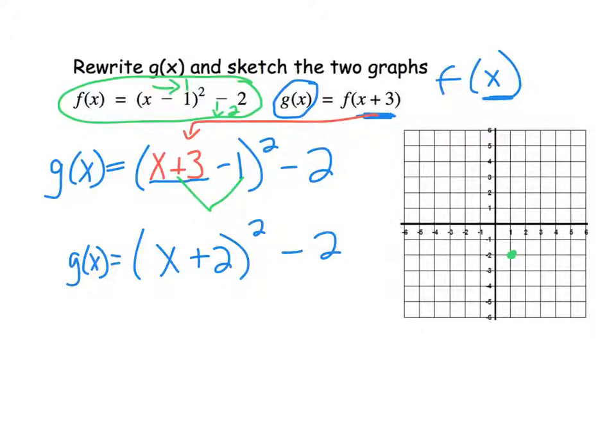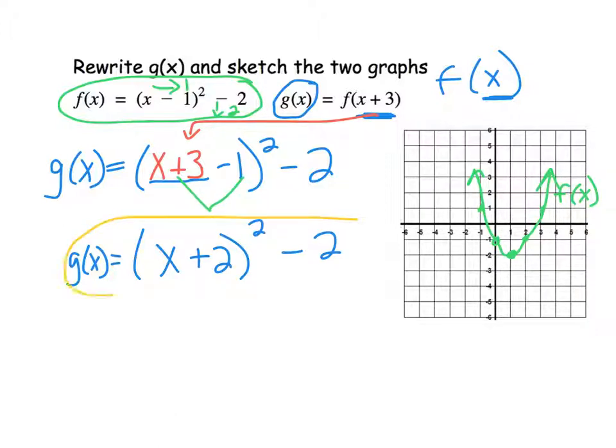There's no reflection and no stretch or compression, and I know that because my A is a 1. So I'm going to go ahead and sketch my f of x.